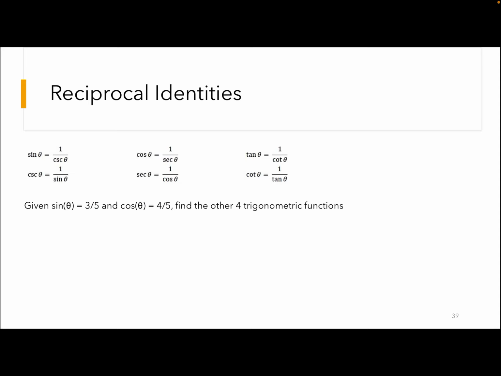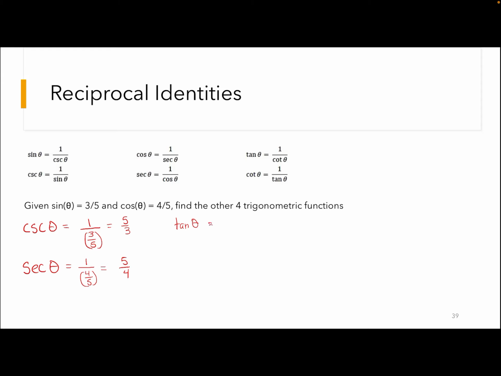So let's see, cosecant theta is going to equal 1 over sine theta, so 1 divided by 3/5, which is just 5/3. Secant theta is 1 divided by 4/5, and that's going to equal 5/4. And then tangent theta. Remember, tangent is just the sine of an angle divided by the cosine.